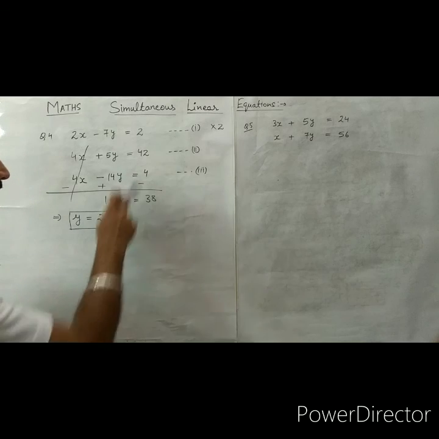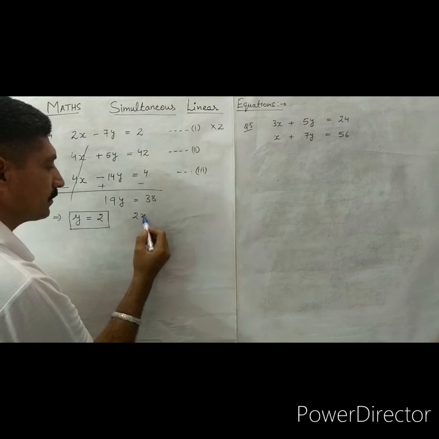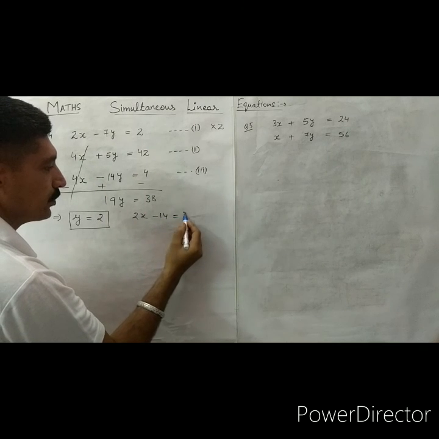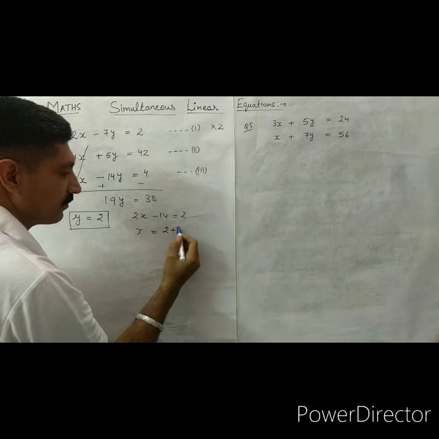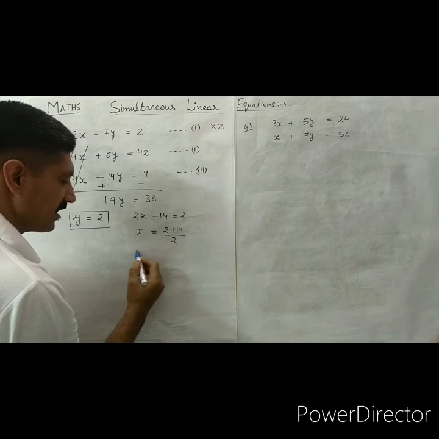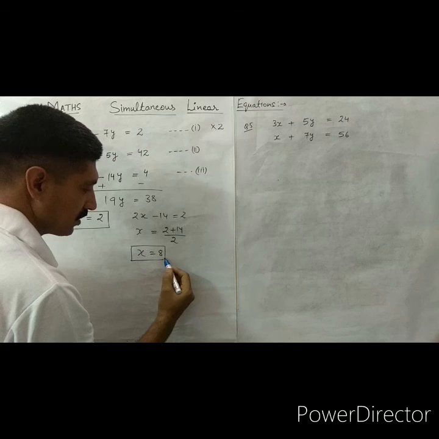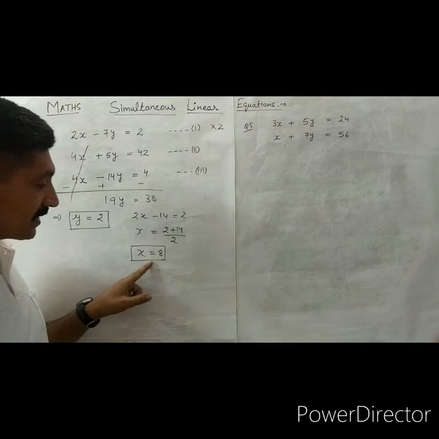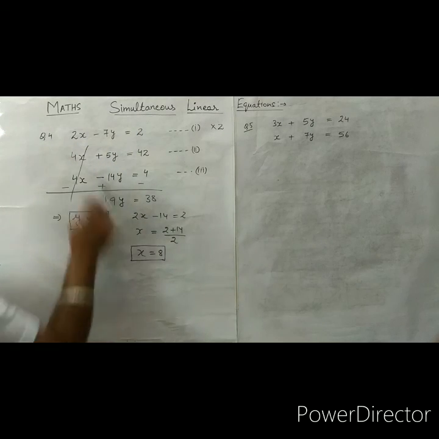Substituting the value of y in any of the equations, we get 2x minus 14 is equal to 2, x is equal to 2 plus 14 divided by 2 here. So x is equal to 8. So we have the solution for question number 4: y is equal to 2 here and x is equal to 8. Let's check whether the solution is right or not.